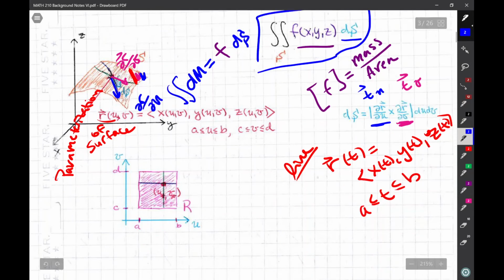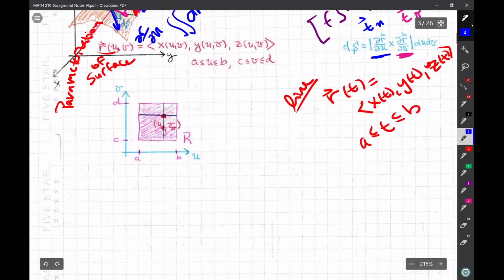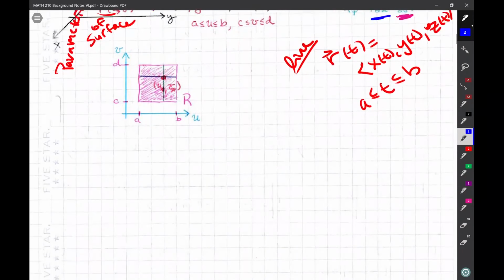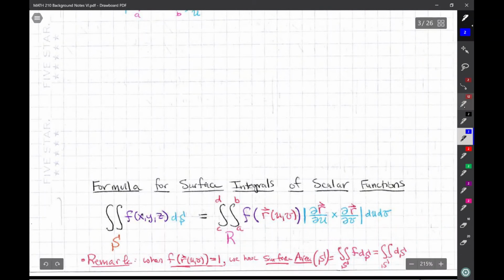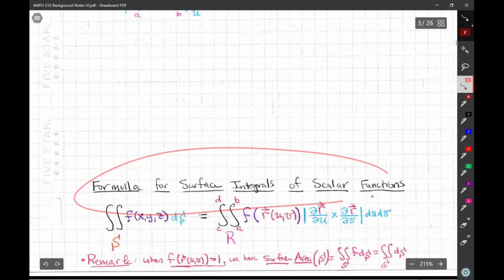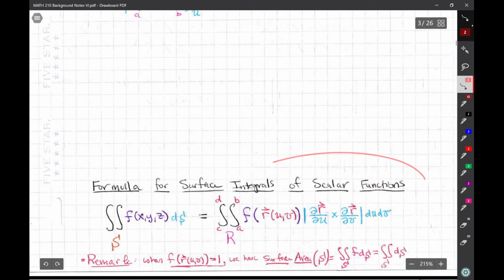So we're ready now to get our formula, since we got the surface area of a small patch. And here is the formula that we're interested in. This is the formula for surface integrals of scalar functions. You take your parameterization. That's why the parameterization is the only creative step in this. It's the only one that takes some ingenuity.